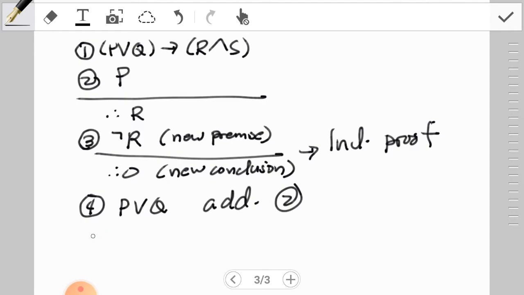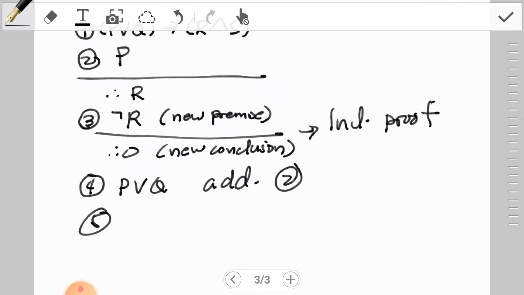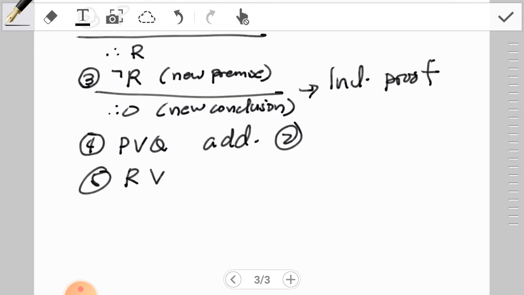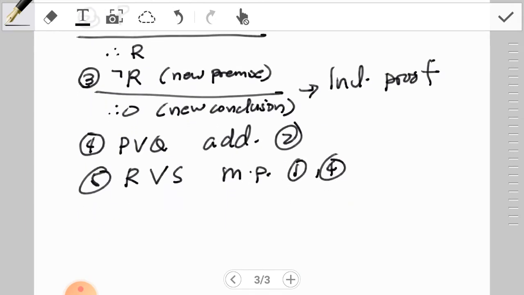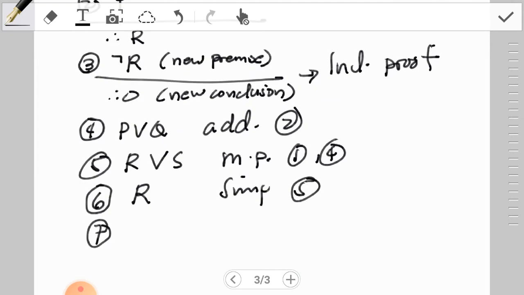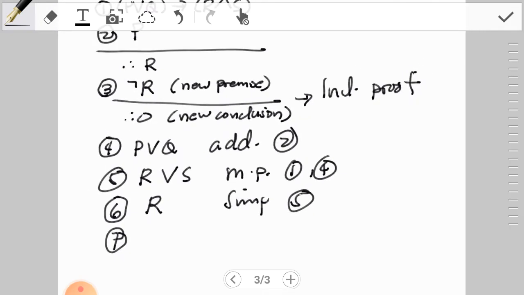And then, after adding Q to P, we can now use modus ponens. That should give us R and S. Modus ponens of 1 and 4. Then remember we want to arrive at a contradiction. So if we simplify this, this leaves us R. Simplification of line number 5. And after simplifying number 5, we now arrive at a contradiction.